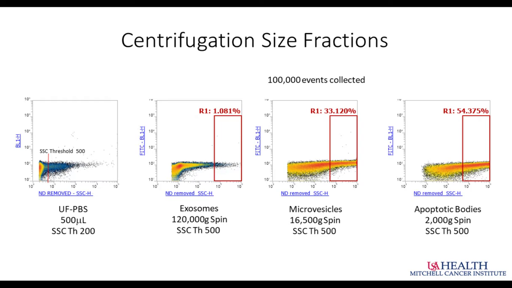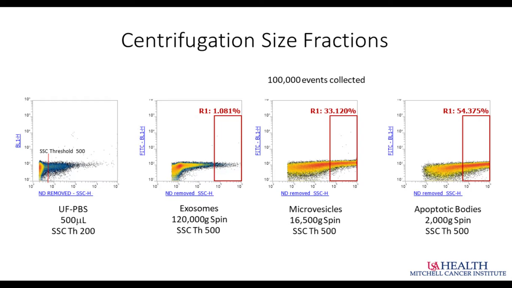So as long as the beads look good, I say, yes, I think my cytometer can see small particles. Well, let's test that. So we're going to make some exosome fractions and do our successive ultracentrifugation spins. And far left, you can see where we've run just 500 microliters of ultrafiltered PBS.